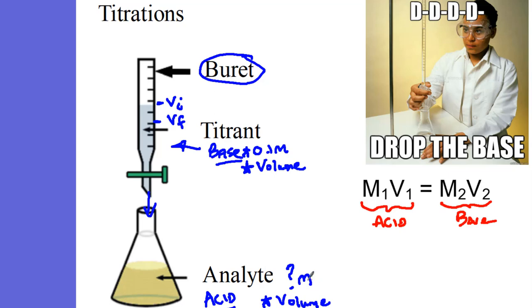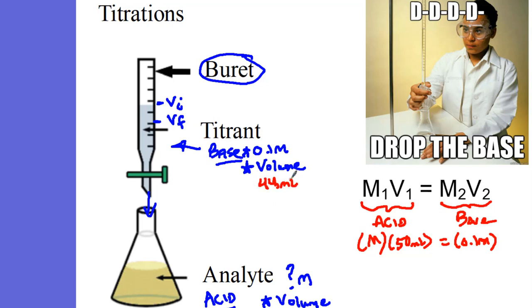Let's say I don't know the molarity of my acid. That's my big unknown. But let's say I do know the volume of my acid. Let's say I use 50 milliliters of this down here. And let's say I know the concentration of my base is 0.1 molar, and I use a volume of about 44 milliliters.